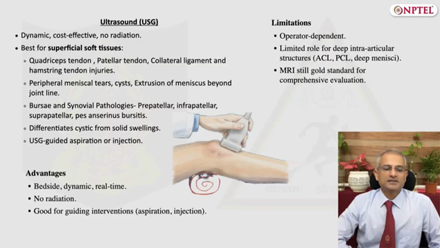However, it has certain limitations in that it is very much an operator-dependent investigation. It is limited in use for intra-articular structures like the cruciate ligaments or menisci, where MRI is clearly the gold standard. A specialized form of ultrasound called Doppler ultrasound is done to assess vascular status.